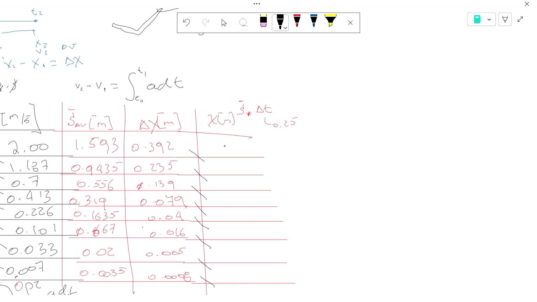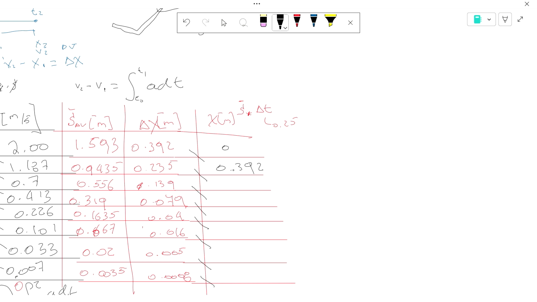So first we start from rest, as we said that we would. Then from 0, the next difference is delta x. So the next one is pretty simple. It's 0 plus 0.392.